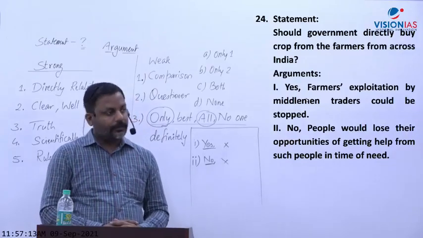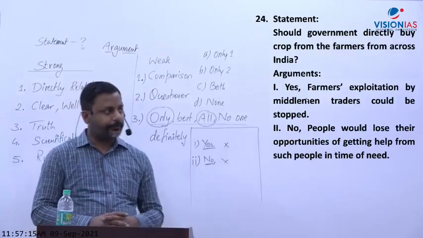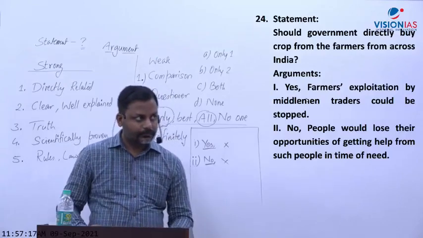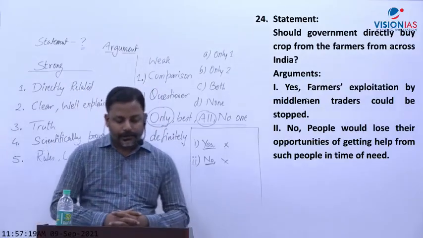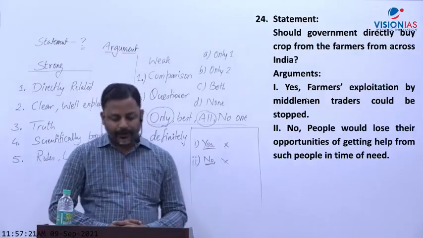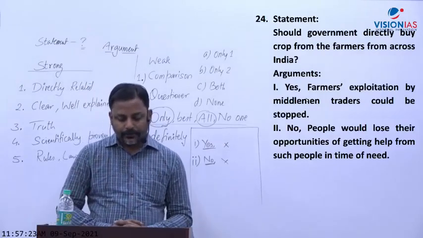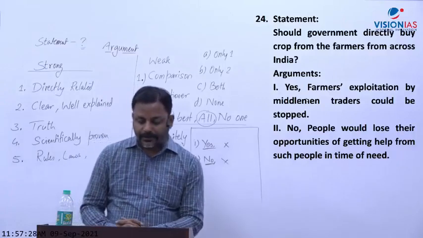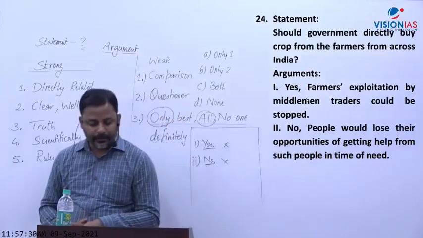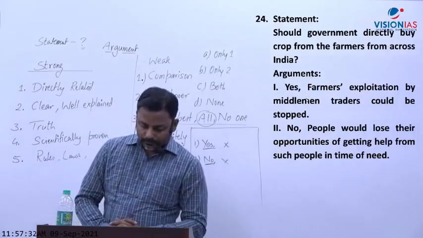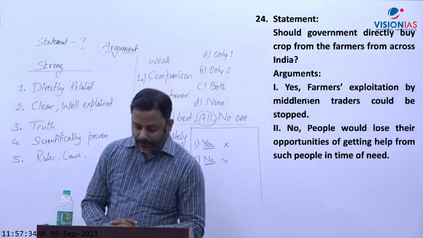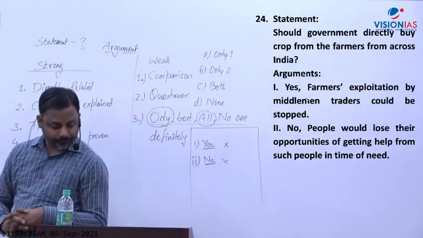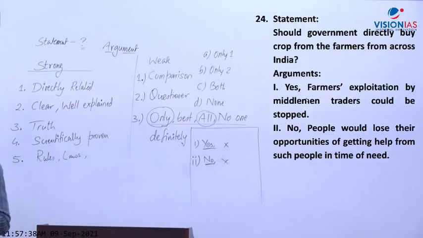Now, come to question number 24. Should government directly buy crop from the farmers from across India? Argument was yes. Farmers' exploitation by middlemen traders could be stopped. Second, no. People would lose their opportunities of getting help from such people in time of need.